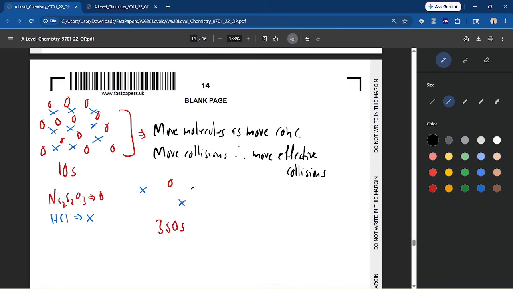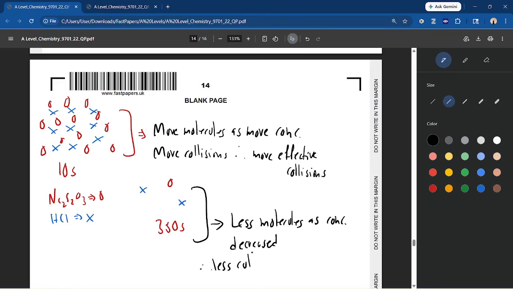So what's happening here is that there are fewer molecules as concentration decreased. So fewer collisions and therefore fewer effective collisions.